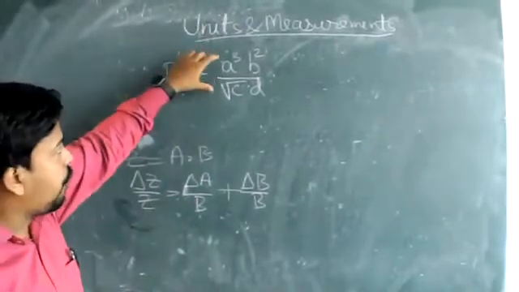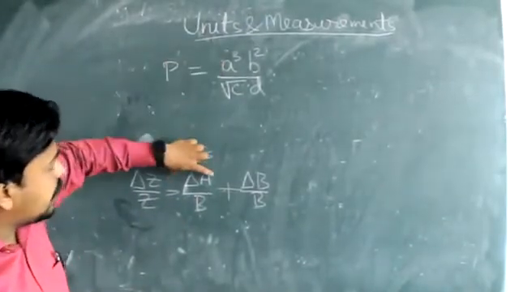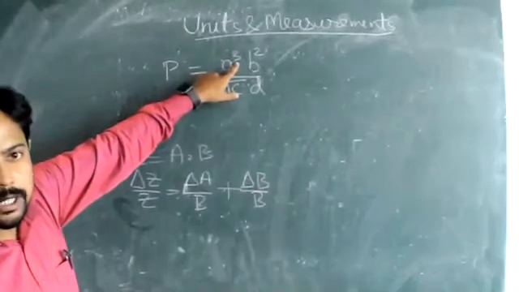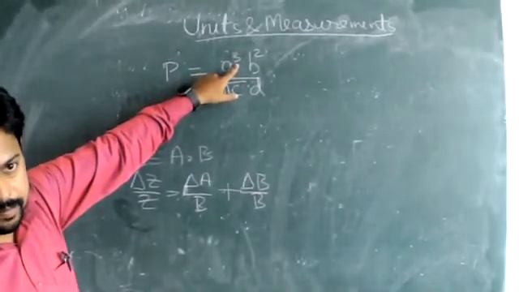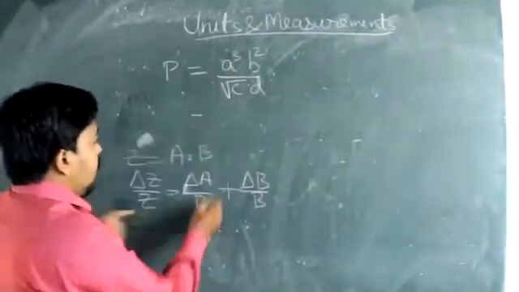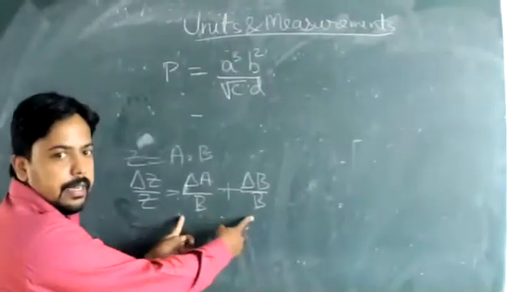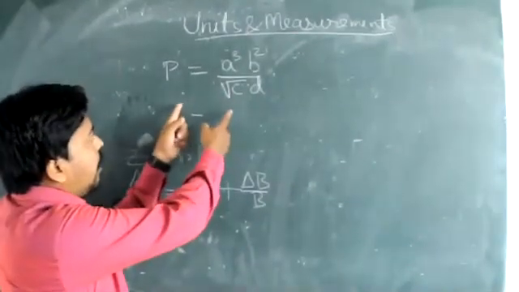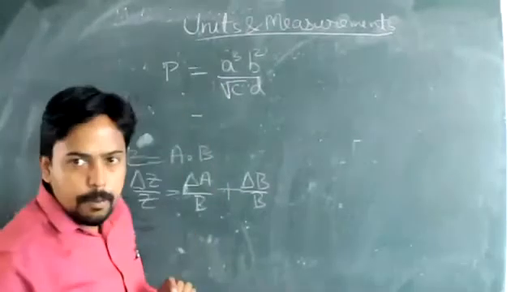So instead of writing these things as such, we just take into consideration the powers on them. In the same way as it has been written here, I am writing the fractional error for P regarding the above expression.